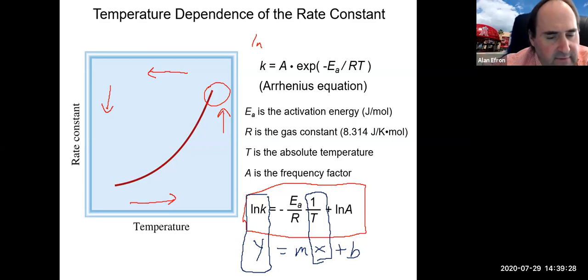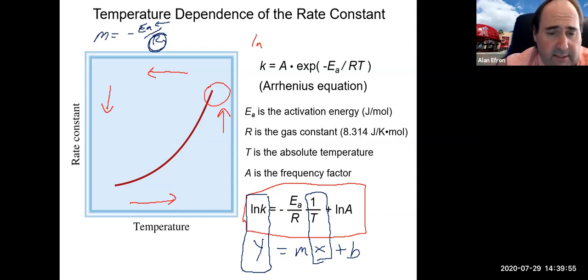The usefulness of this type of plot, which will give you a linear line, is the slope. The slope of that line would equal minus Ea over R, which means that since R is a constant, from the graph you can very quickly determine the activation energy for that reaction.